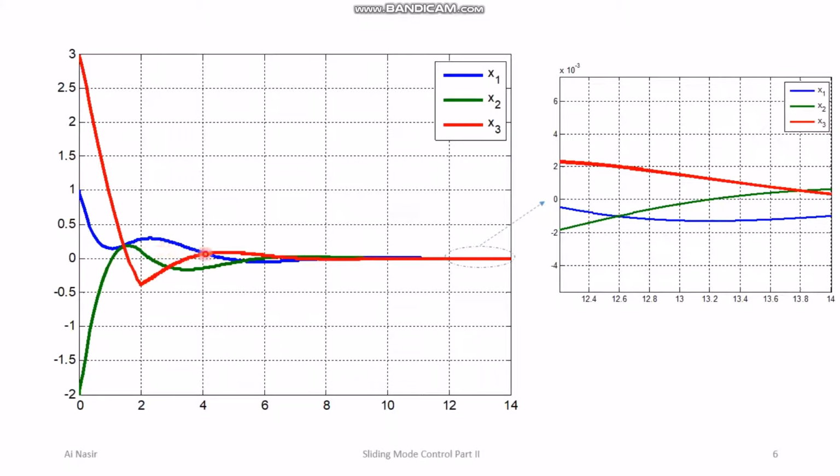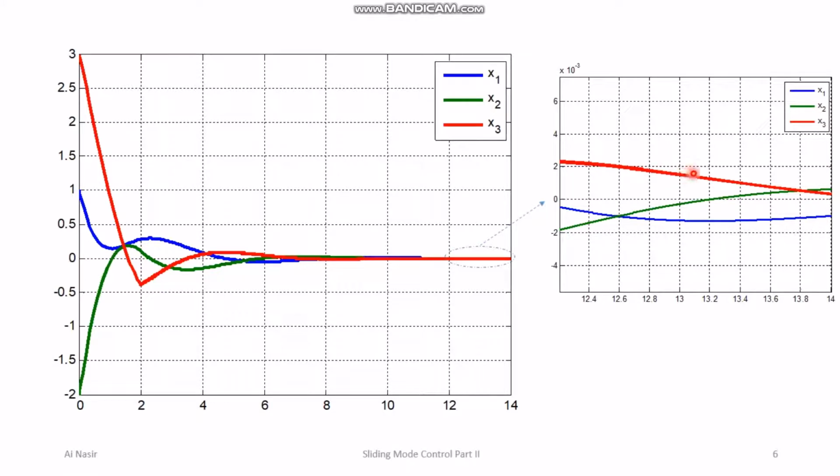So there is no chattering until there is a reaching phase when you're trying to reach the sliding surface, and then there is the sliding phase. When you're in the sliding phase, trying to keep within the sliding surface, then there is a lot of chattering.